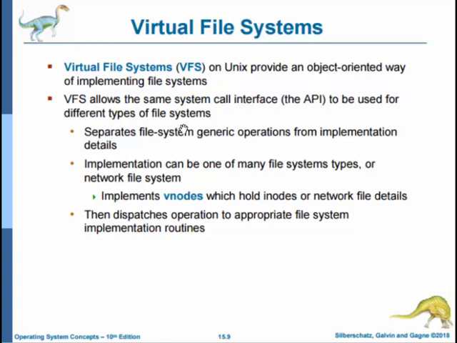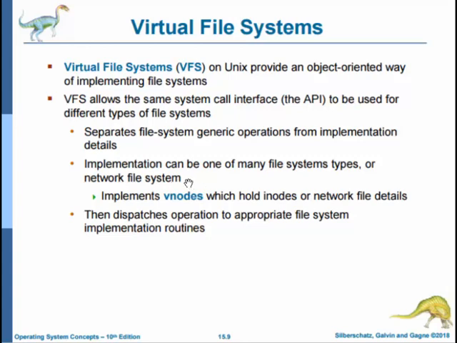It separates the file system generic operations from their implementation by defining a clean virtual file system interface. And several implementations for the VFS interface may coexist on the same machine, allowing transparent access to different types of file systems mounted locally.